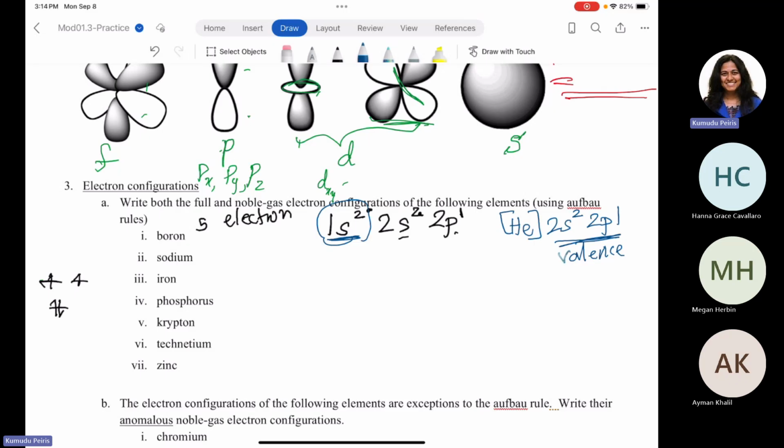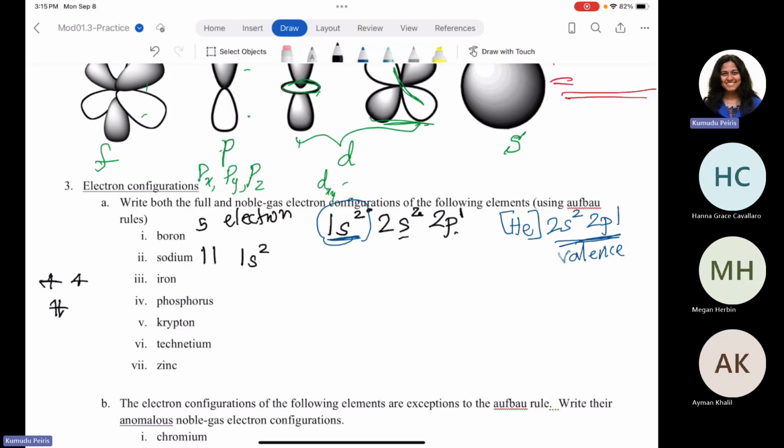Right. Next question, sodium. What is the atomic number for sodium? The atomic number for sodium is 11. That means a neutral atom of sodium has 11 electrons. So let's fill those electrons. 1s2, that is filled.